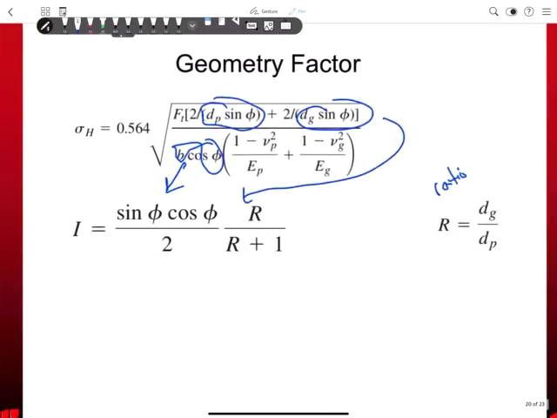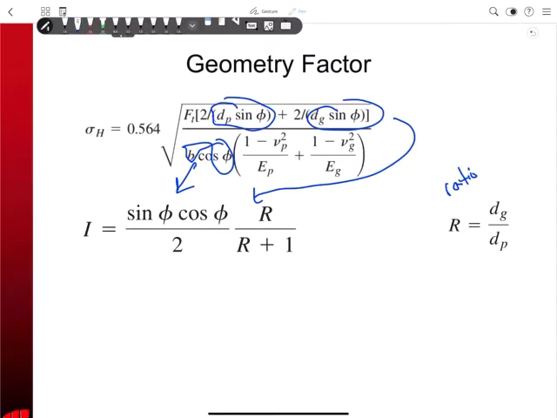So we do all this. What's on my next slide? All right. So if we calculate this for our particular problem, the issue here is that we have two different R's going on, right? And consequently, two different I's, two different geometry factors. I'll do the R first. R for the pinion to idler interface is going to be 1.2, leading to a geometry factor for the pinion idler interface of 0.088.